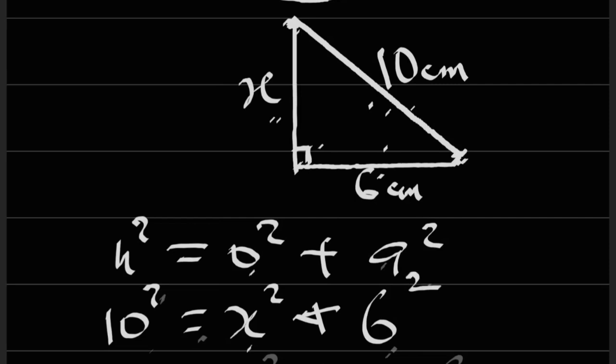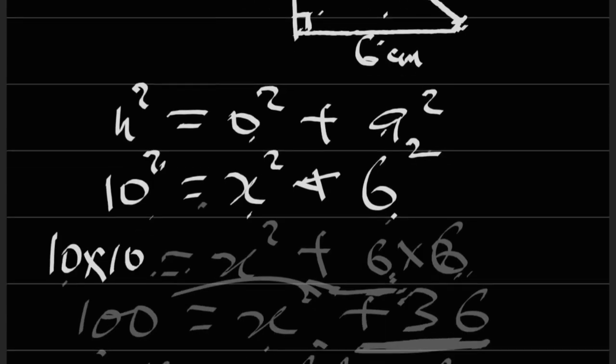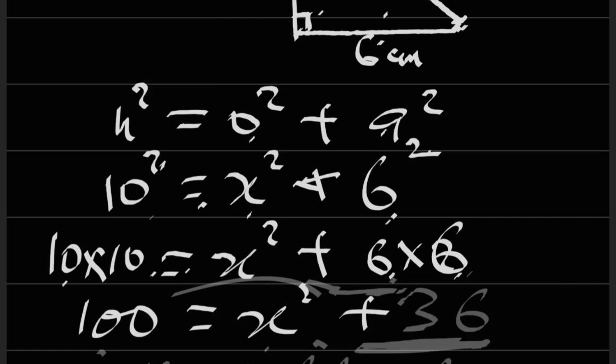Let's move on. 10 square means 10 times 10. So 10 times 10 is 100, equals x square plus 6 square. 6 square means 6 times 6, which is 36. At this point, we'll collect like terms.